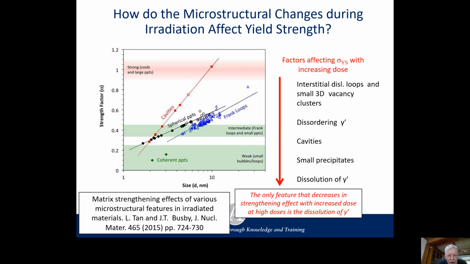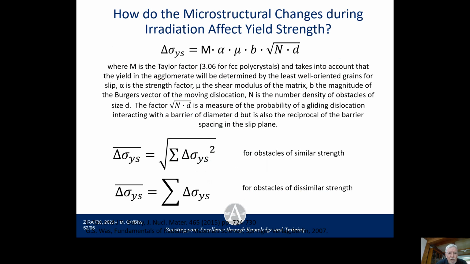And it just shows how different types of barrier to slip, how the alpha factor, the hardening effect for a given precipitate size, varies depending on the type of precipitates. Surprisingly, cavities are way up there. So you'd think the cavities wouldn't be much of a barrier in hardening, but yes, they are.